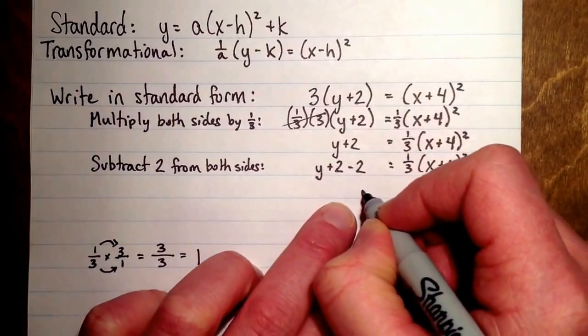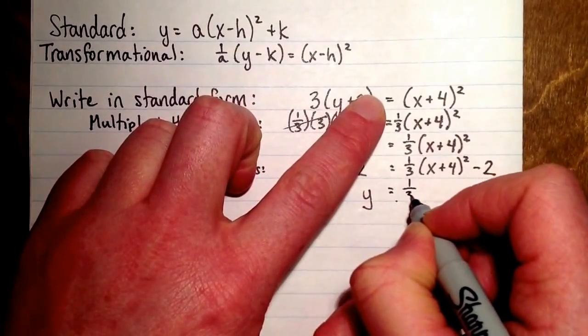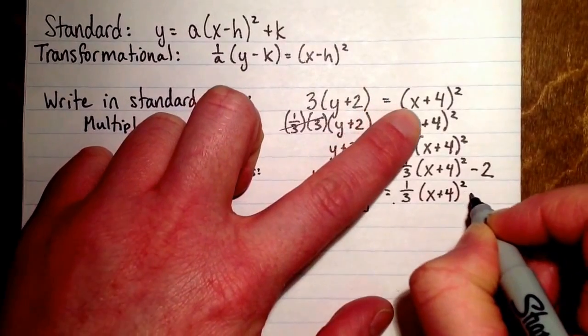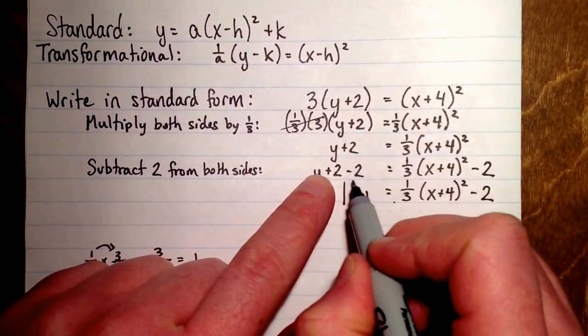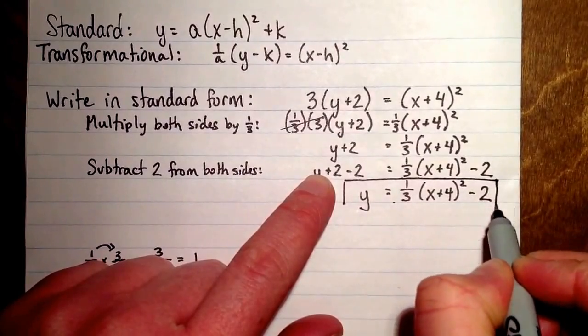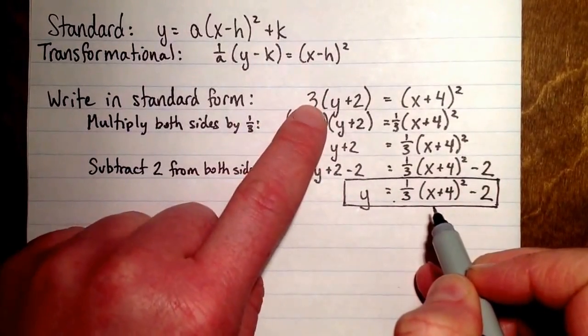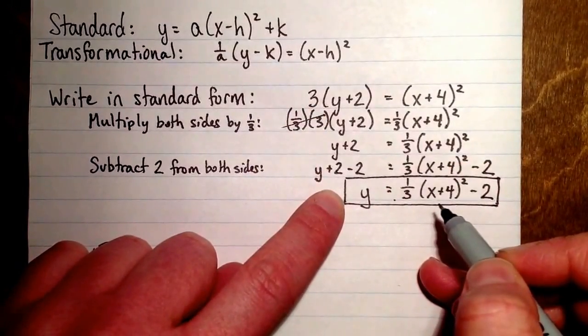In this case we just have y equals 1/3 x plus 4 squared minus 2. And so that there is the equivalent of this equation. So here's transformational form, and this is standard form.